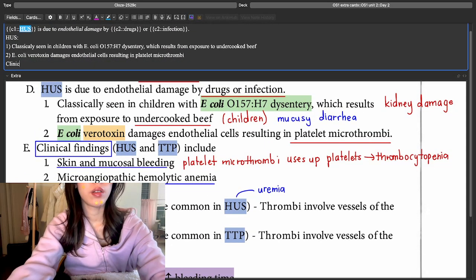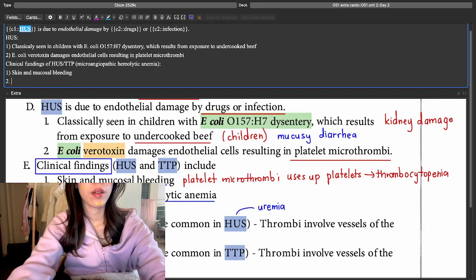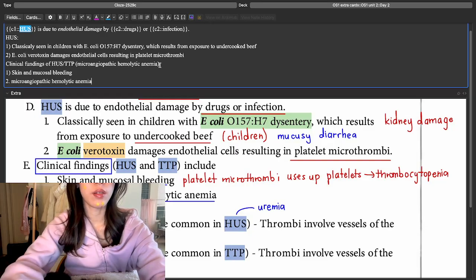Clinical findings of HUS and TTP: microangiopathic hemolytic anemia, skin and mucosal bleeding. Well, I guess I should take that out.